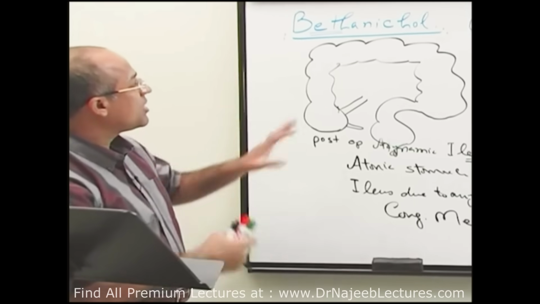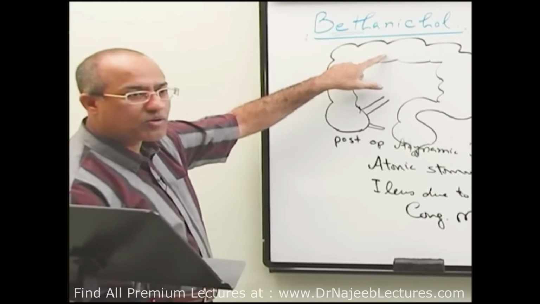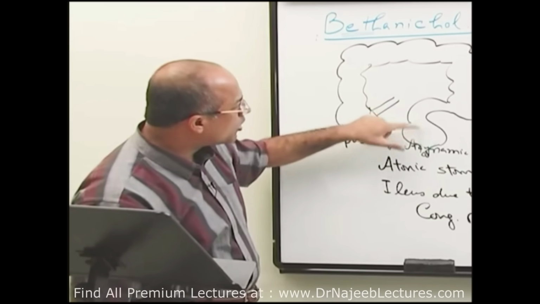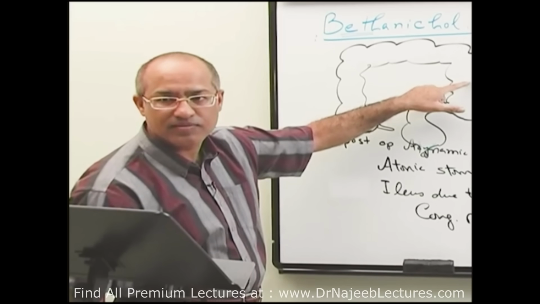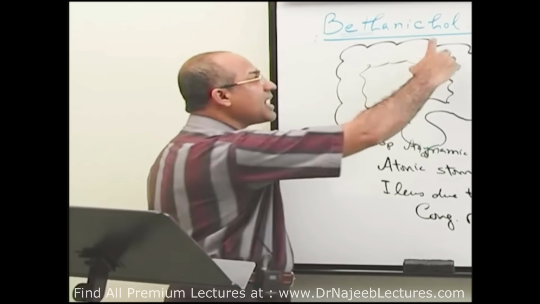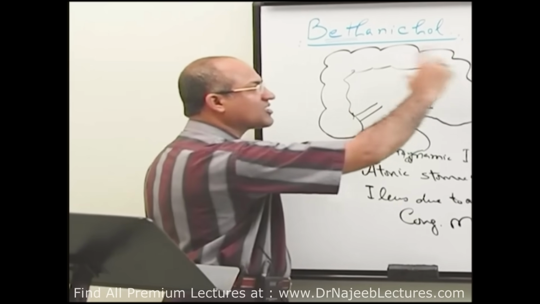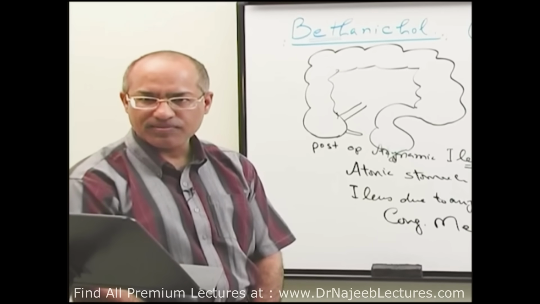Okay, now you know that this part of the colon is supplied by vagus, and the last part of the colon is supplied by nervi erigentes or pelvic parasympathetic nerves. Now sometimes it happens that ganglia are absent from a short segment of colon. This is a congenital defect.